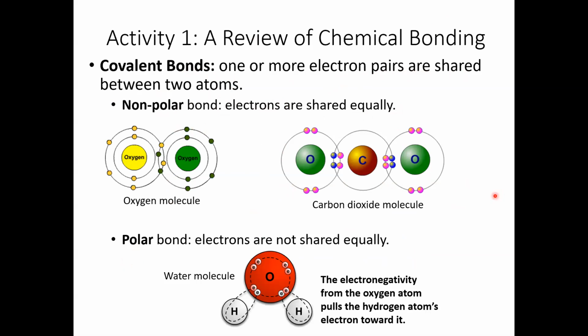However, with polar bonds, these electrons are not going to be shared equally. Because of the electronegativity value of oxygen, it's going to pull the hydrogen atoms towards it, and it's going to create this V shape essentially. So here the electrons are not shared equally.